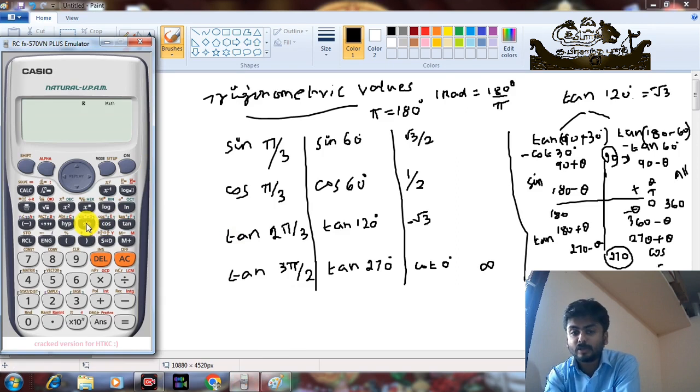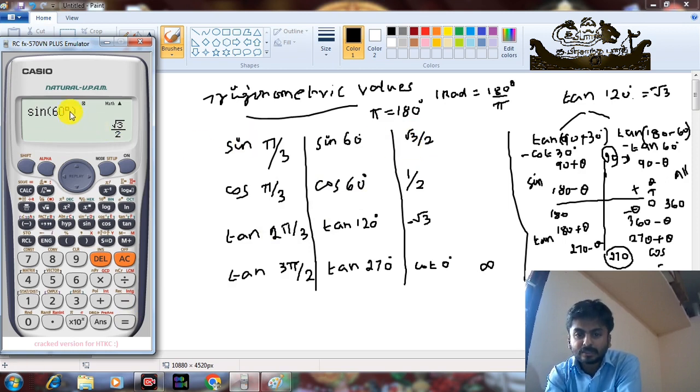First of all, we have to know what mistakes we can make. So sine 60 degree. Okay, sine 60. It is not necessary to write degree all the time. So sine 60 degree is root 3 by 2, so the first value is correct.